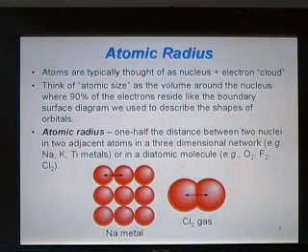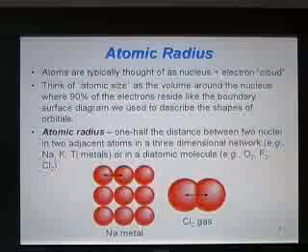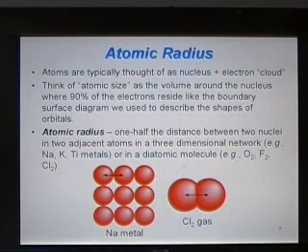I want you to think of atomic size or atomic radius as the volume around the nucleus where 90% of the electrons reside, just like we thought with the boundary surface diagrams that we used to describe the shapes of orbitals. The definition of atomic radius is 1/2 the distance between the 2 nuclei in 2 adjacent atoms in a 3-dimensional framework or in a diatomic molecule.